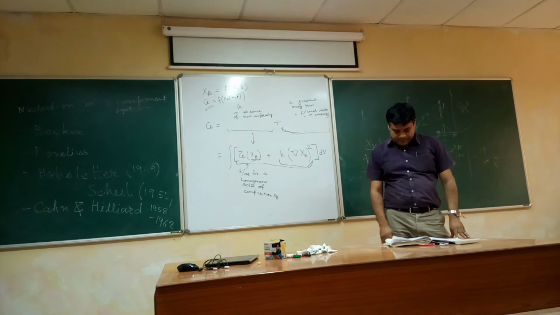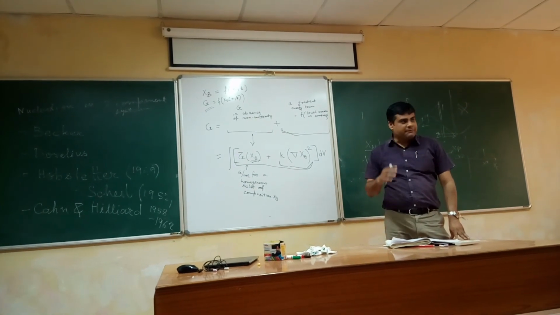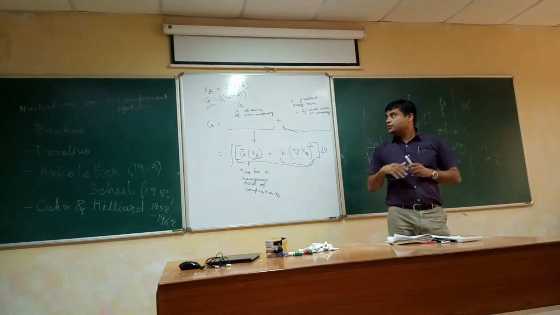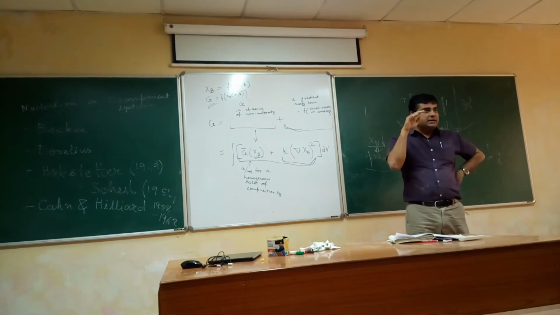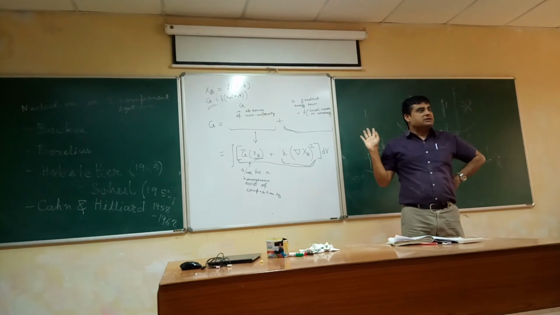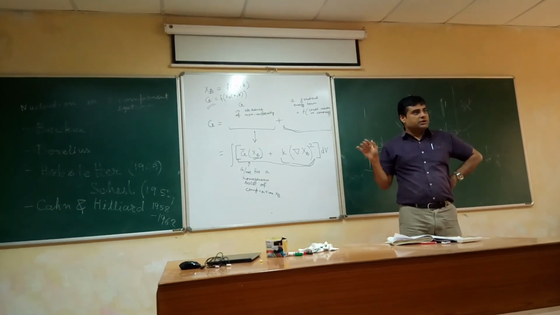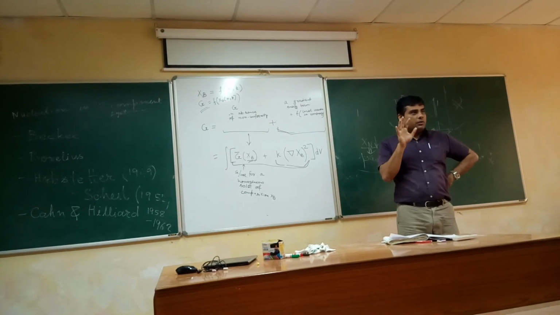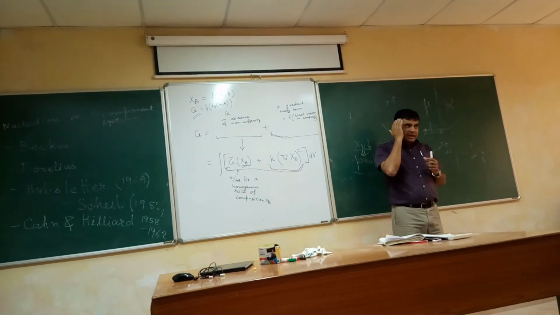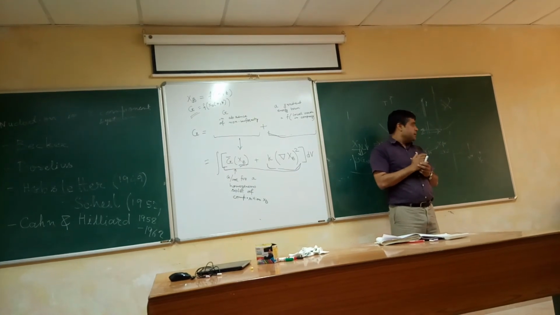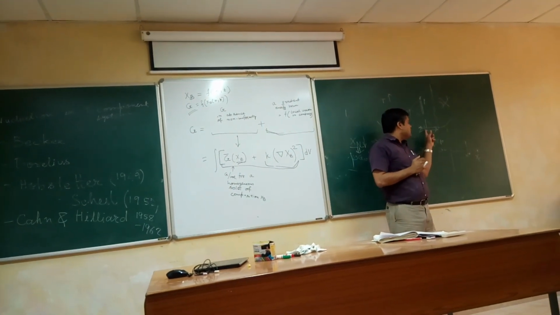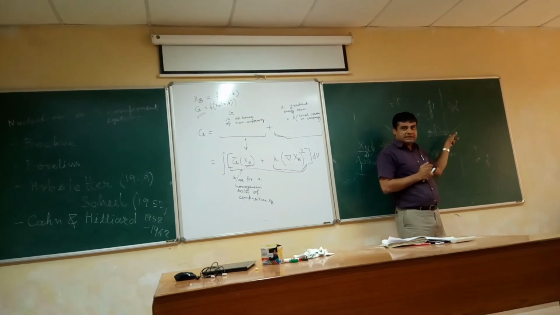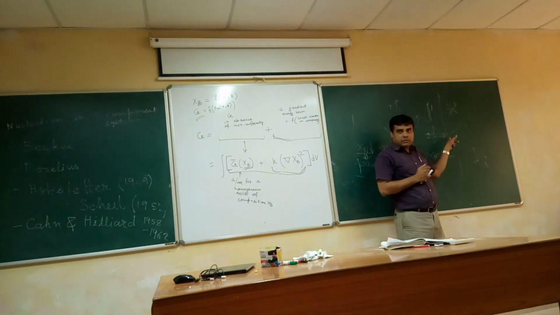And also the interface becomes more sharp. As you go close to your transformation temperature, Kahn and Hilliard showed through their approach that the embryo that is forming becomes more homogeneous, interface becomes more sharp, and the composition of the embryo tends to X beta, that is the equilibrium composition.